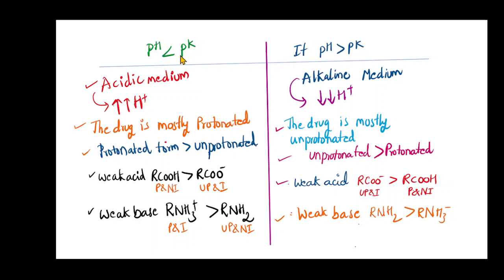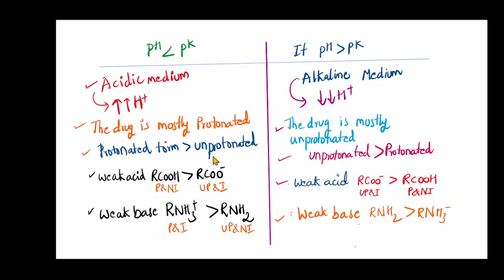See, let's understand what happens if pH is less than pKa, and what if pH is greater than pKa. If pH is less, in the sense that acidity is more, there is more H plus, so the drug is mostly protonated.